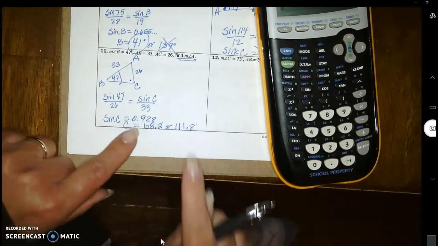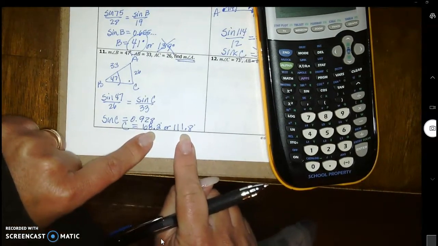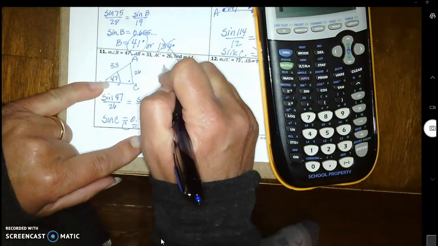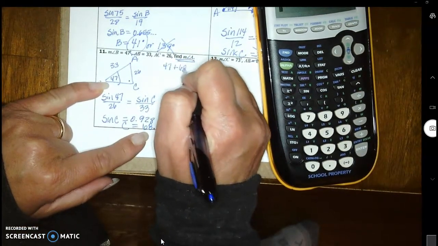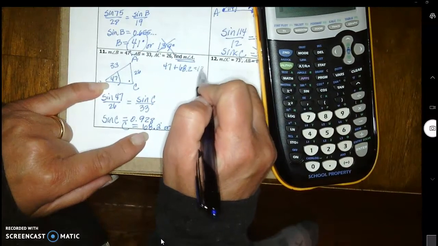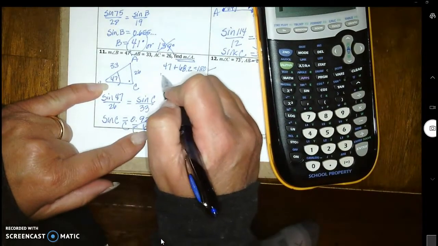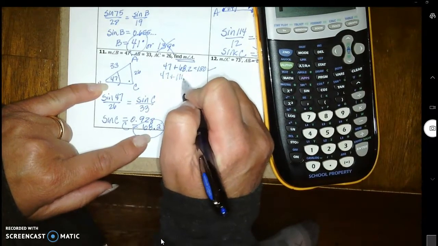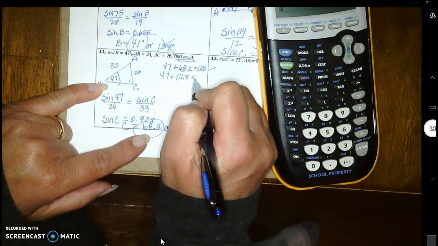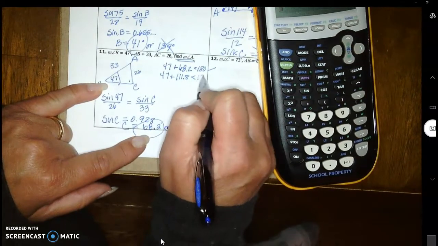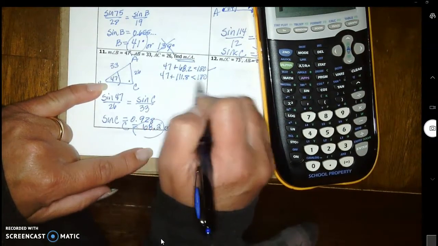Okay, let's go double check to make sure that both of these work though. So if I did 47 plus 68.2, I'm going to get something less than 180. So yes, this works. 47 plus 111.8 is also going to give me something that is less than 180, so 150-ish.